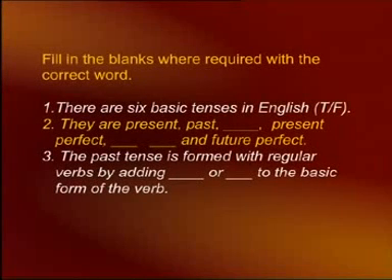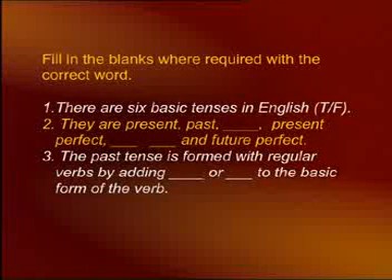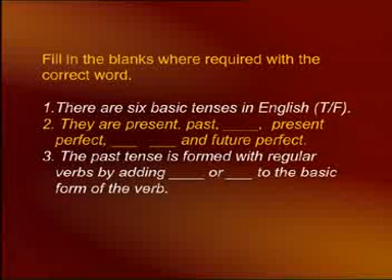Look at the first one. There are 6 basic tenses in English, true or false. Number 2, they are present, past, dash, present perfect, dash, future perfect. You have to fill in the blank with the correct word.